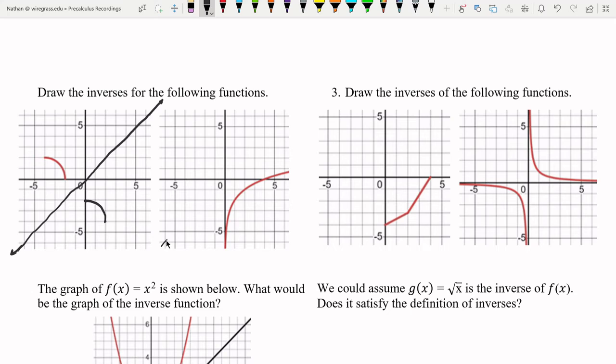Okay, same line, y equals x. All right, this one looks like it asymptotes downwards at the y-axis. That means if I flip it across, it's going to asymptote to the x-axis.